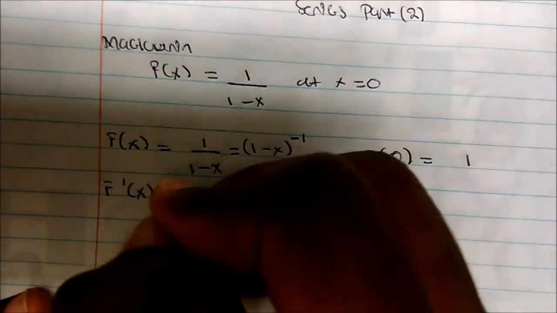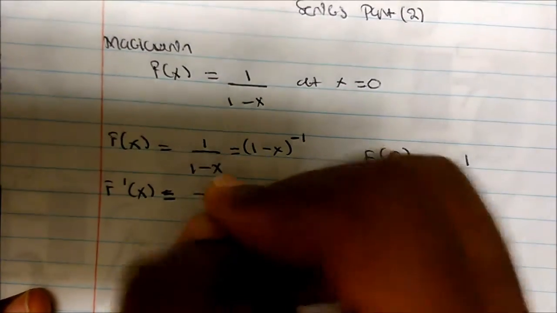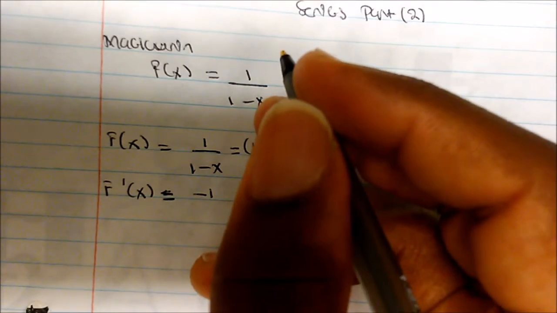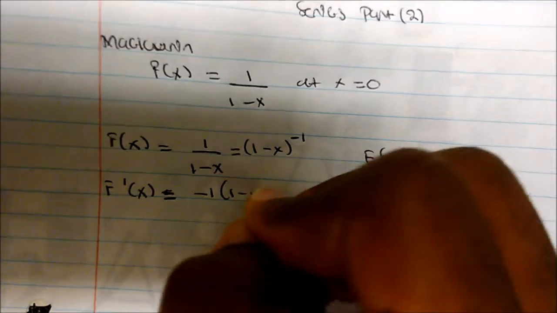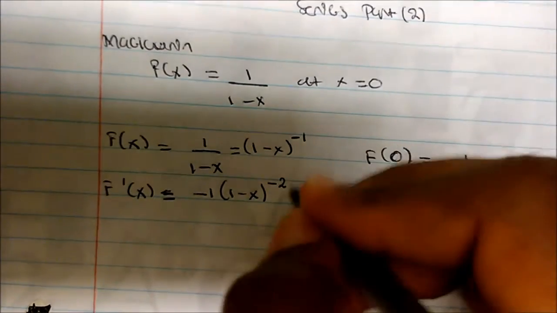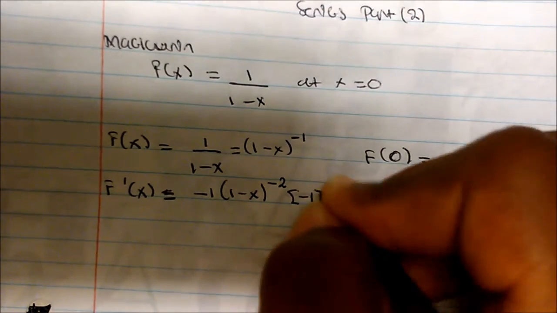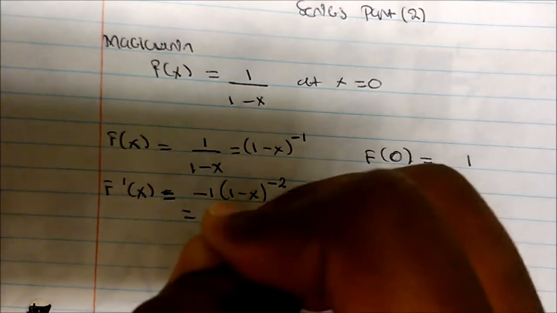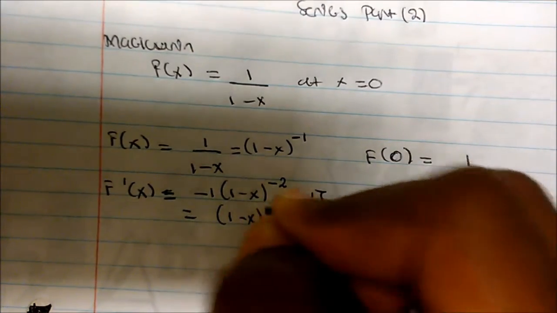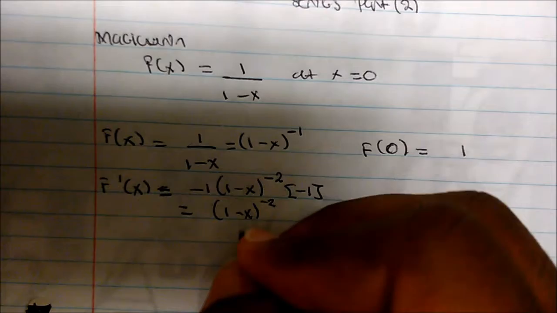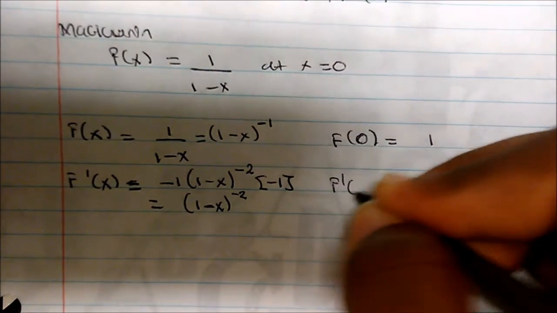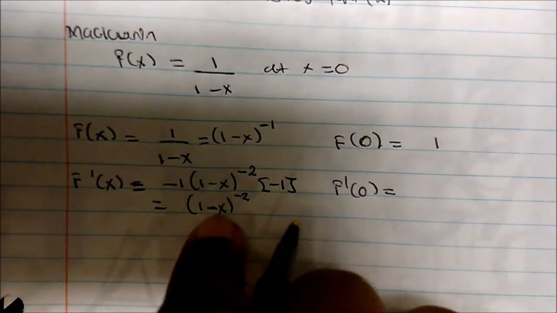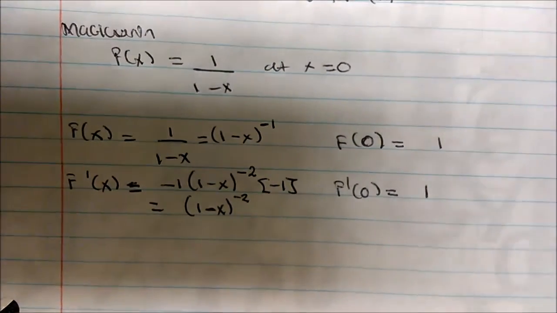If I take the derivative of that, that becomes negative 1 times 1 minus x. If we subtract 1 from that, we get negative 2, times the derivative of the inside. By the chain rule, this is equal to 1 minus x to the negative 2 power, so that's our derivative. And so f prime of 0 in this case, if we plug 0 into that, we still get 1.